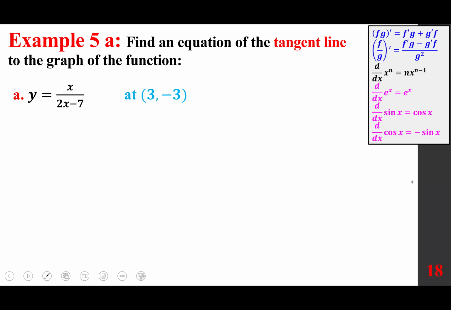Find an equation of a tangent line to the graph of the function y equals x over 2x minus 7 at 3 comma negative 3.